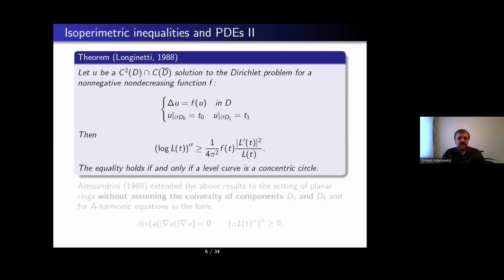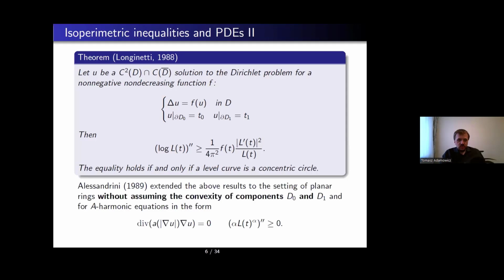A significant extension of Longinetti's approach is given by Alessandrini, who was able to give up the assumption about the convexity of components D0 and D1, and also extended Longinetti's approach to A-harmonic equations in the following form. And then his isoperimetric inequality reads as follows.